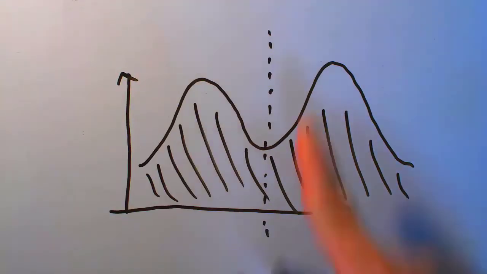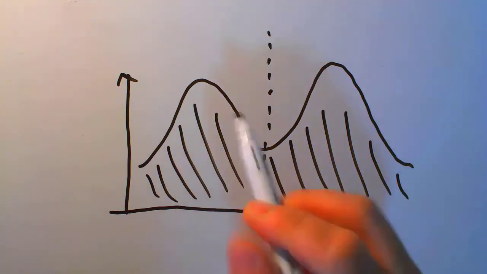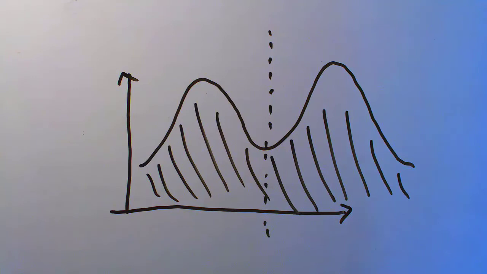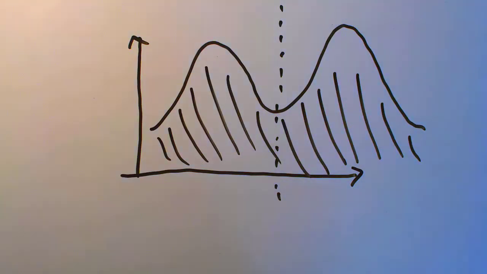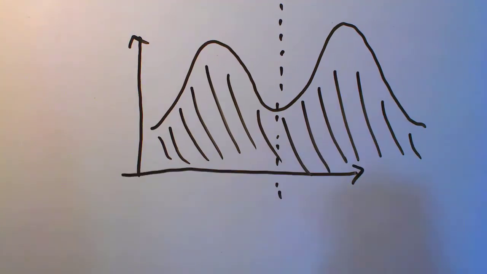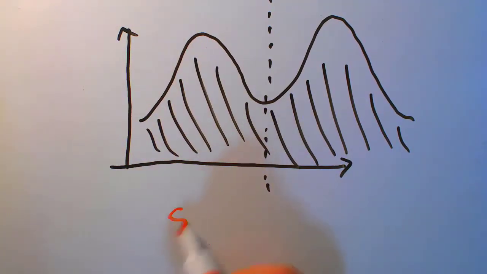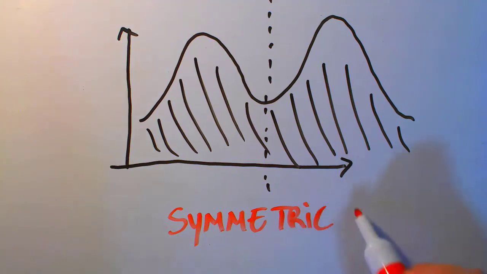So I can recognize that there's a clear center right in the middle, where the two sides are perfectly symmetric to each other. And now I just said that term: a distribution shape like this, people commonly refer to as a symmetric distribution.